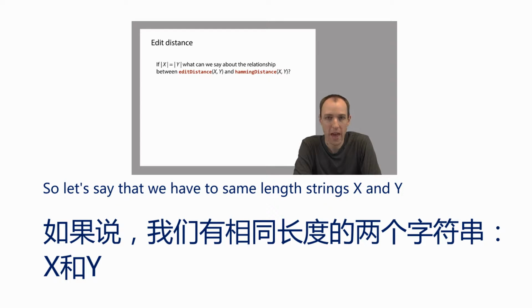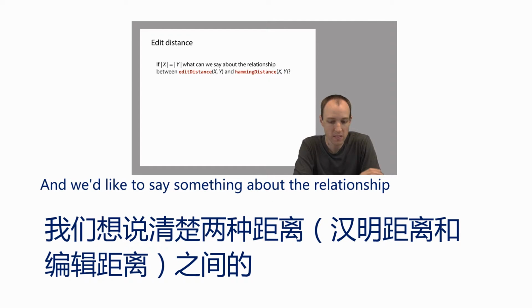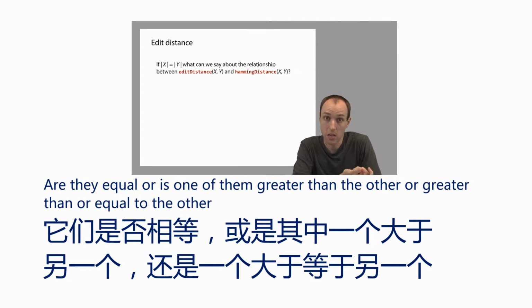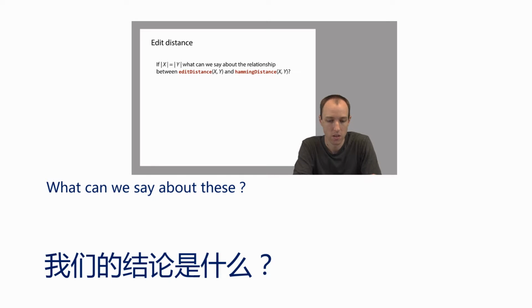So let's say that we have two same length strings, x and y, and we'd like to say something about the relationship between the Hamming distance of those two strings and the edit distance of those two strings. Are they equal, or is one of them greater than the other, or greater than or equal to the other? What can we say about these?